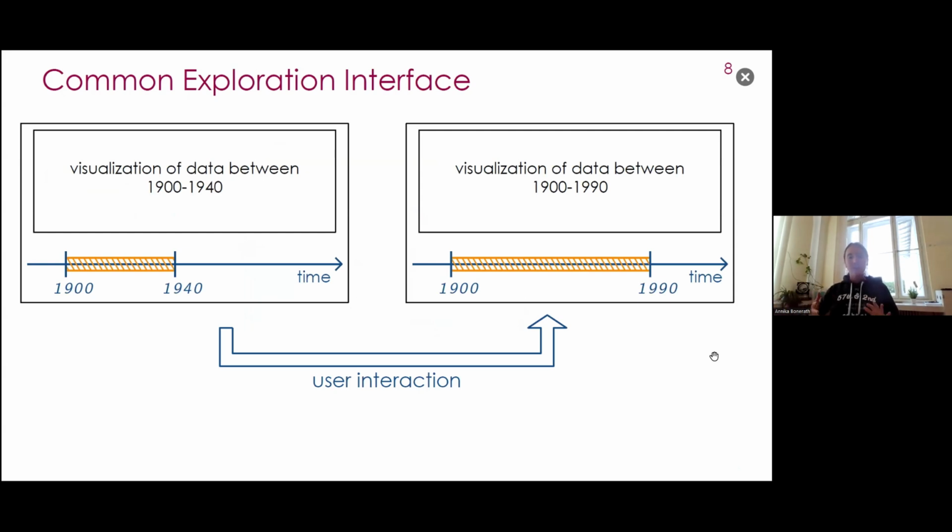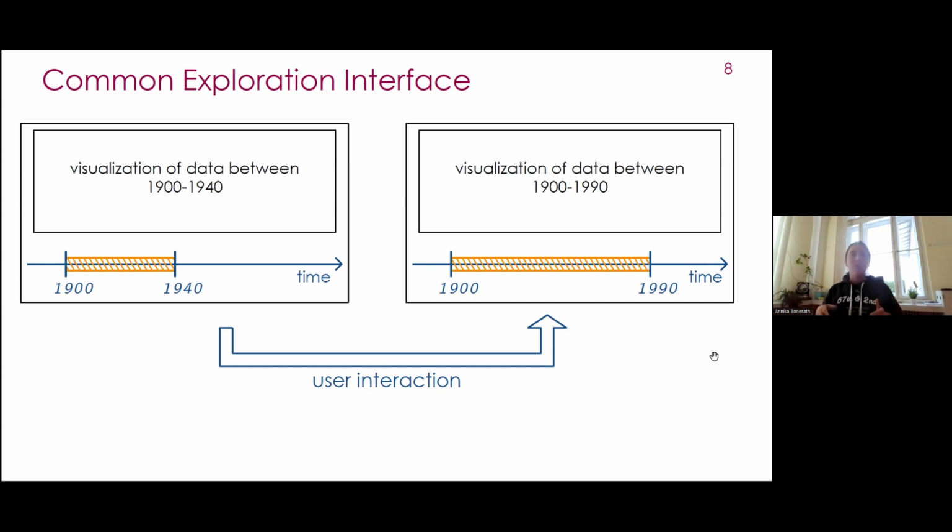And now, of course, we are not the first ones who design tools for spatiotemporal events. So let's look at what kind of tools are there to explore these kind of spatial and temporal data. What people do, since we do have interactive devices like computers, we allow users to interact with the visualization.